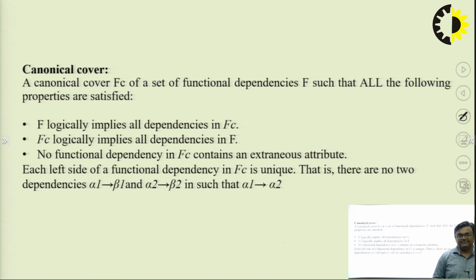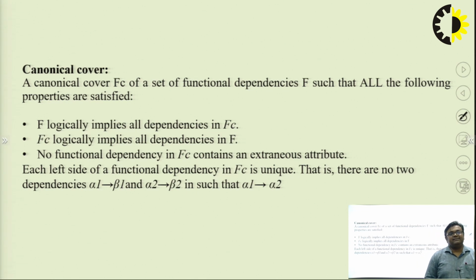The functional dependencies in the canonical cover logically imply all dependencies in F. So vice versa is true. In both cases, the minimum requirement of the functional dependencies should exist and it should have the same closure.